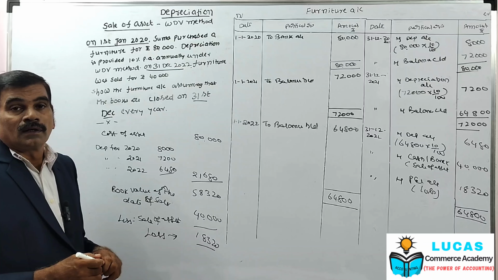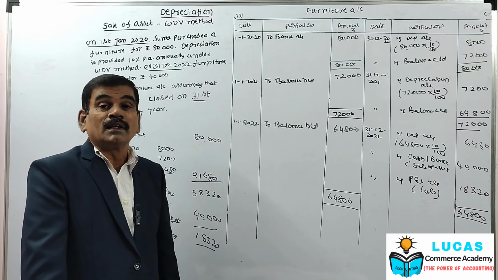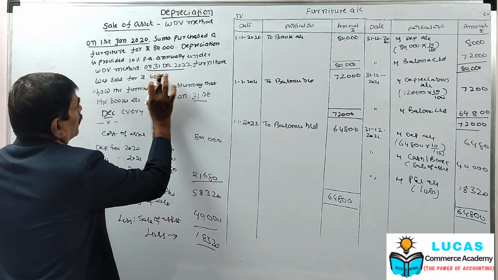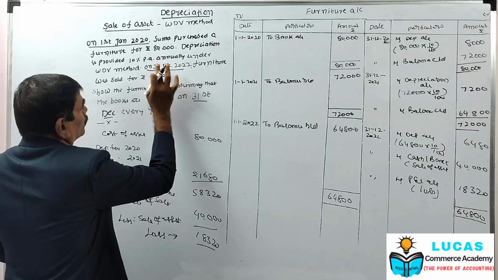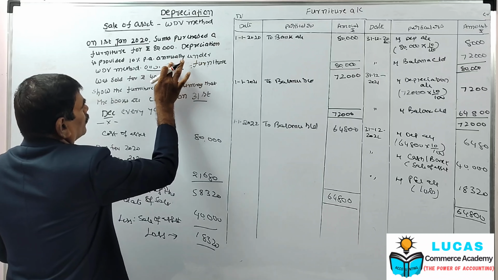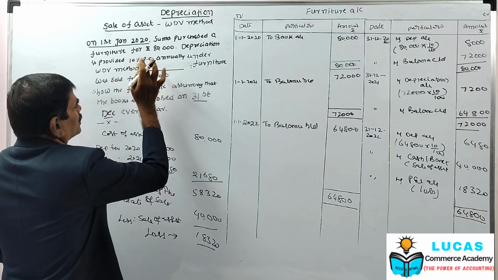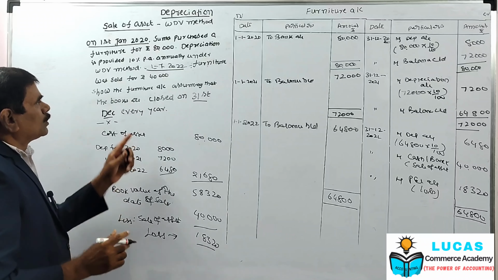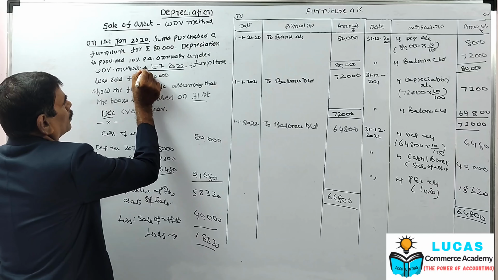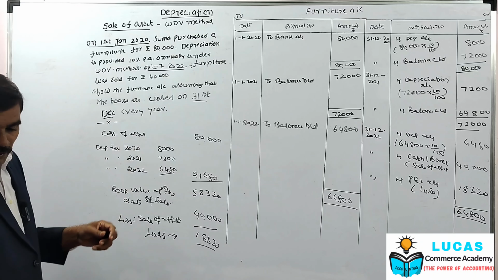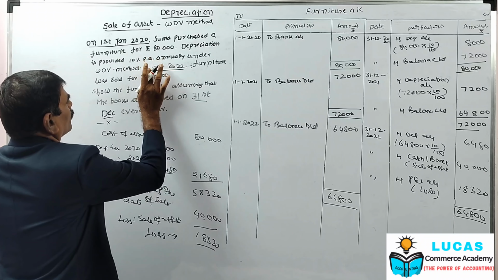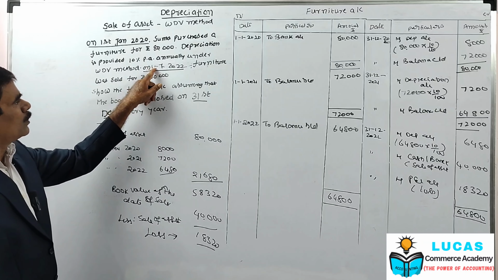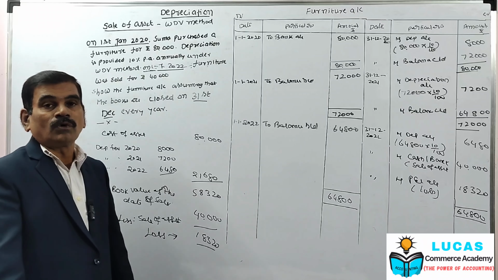Suppose the asset is sold in the middle of the year, then what should be done? Here, instead of 31st December 2022, I am changing this date to 1/7/2022. On 1/7/2022, furniture was sold for rupees 40,000.